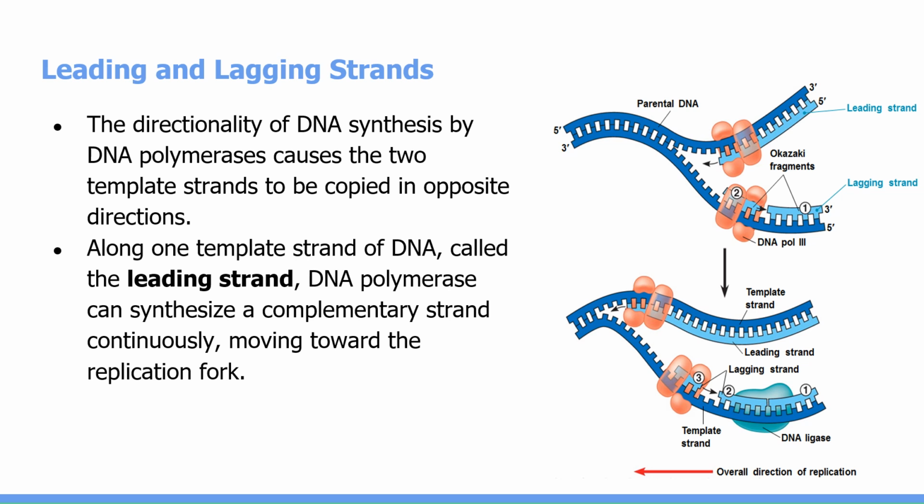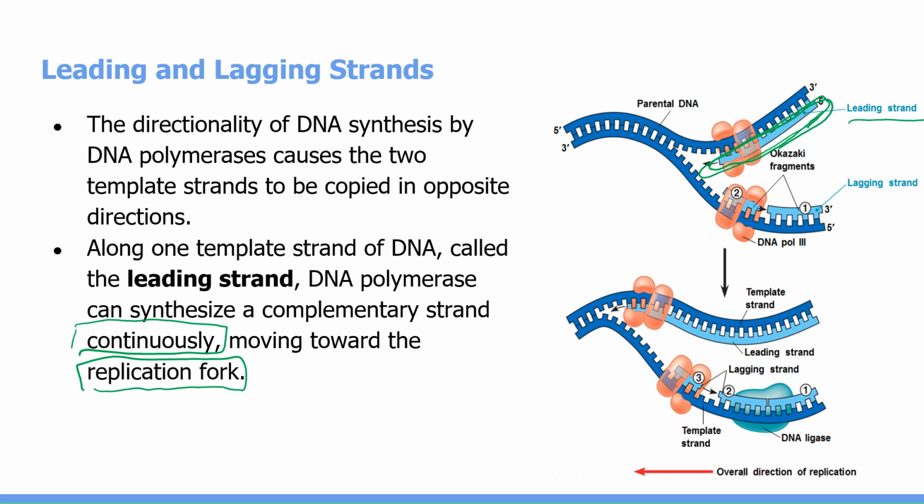The template strand that creates a continuous strand is called the leading strand. This newly synthesized DNA is called the leading strand because it is moving in the direction of the replication fork, as well as being one continuous strand of nucleotides being added on.